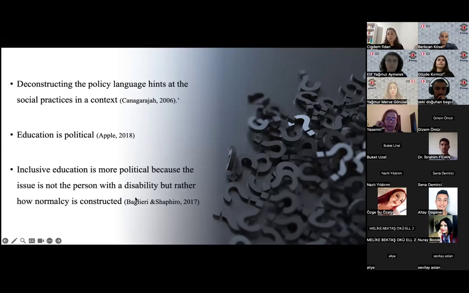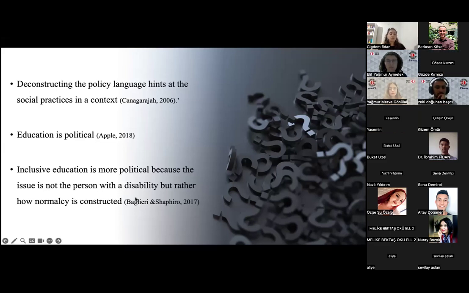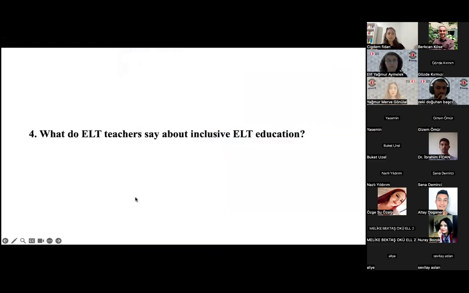So education policies also give us hints about the society's perspective towards inclusiveness and towards disability. That's why deconstructing the language in a policy document is really important, especially for us ELT teachers, in the process of creating an inclusive education environment.